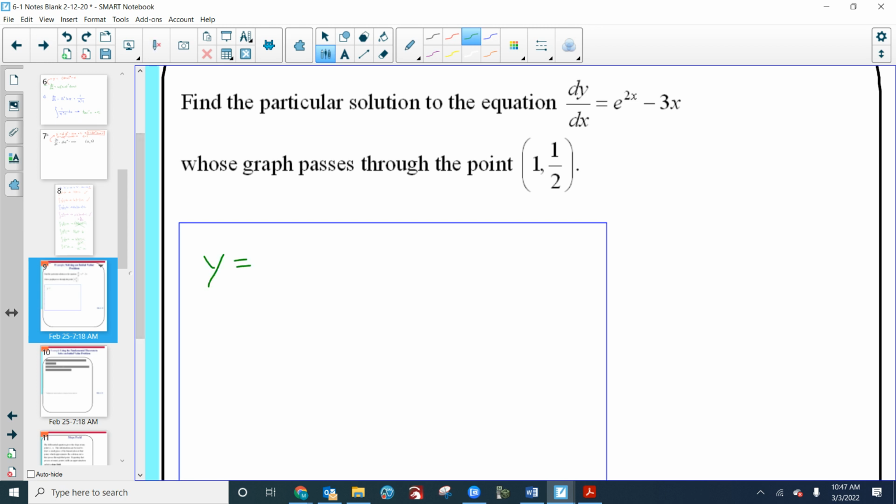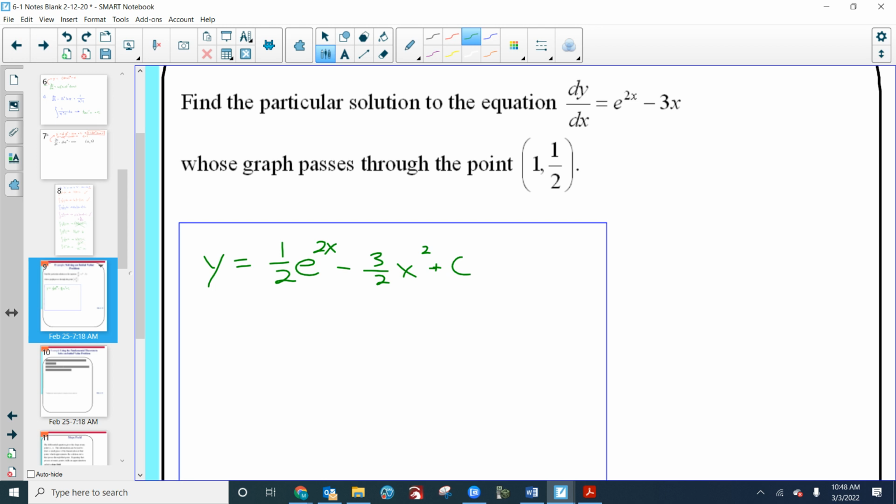All right, let's check the antiderivative first. What's the antiderivative of e to the 2x? Good, 1/2 e to the 2x minus 3/2 x squared plus a constant. That's called the family of functions. That's the antiderivative, right? But we're asked to find a particular solution.